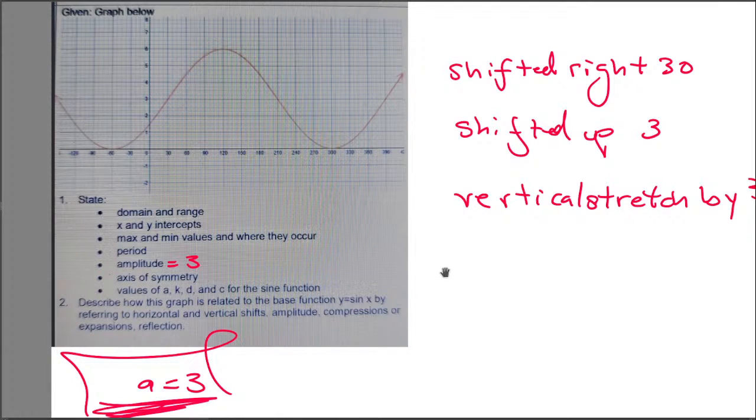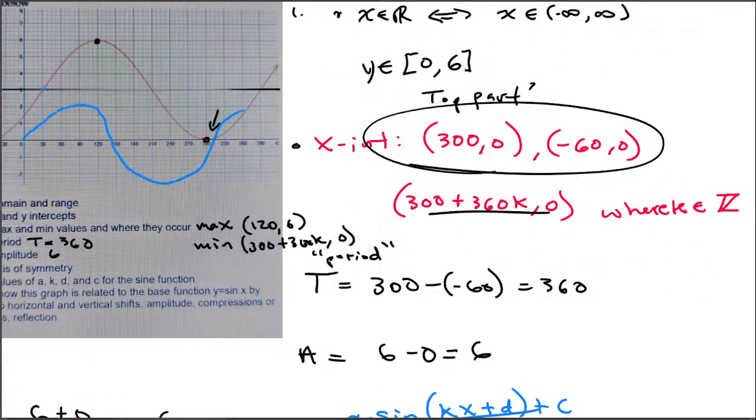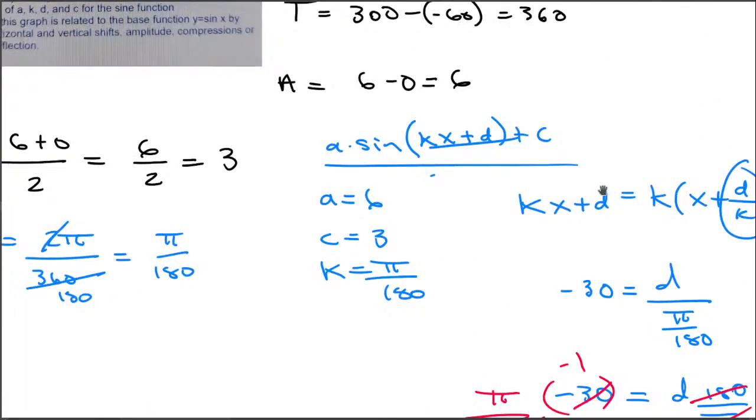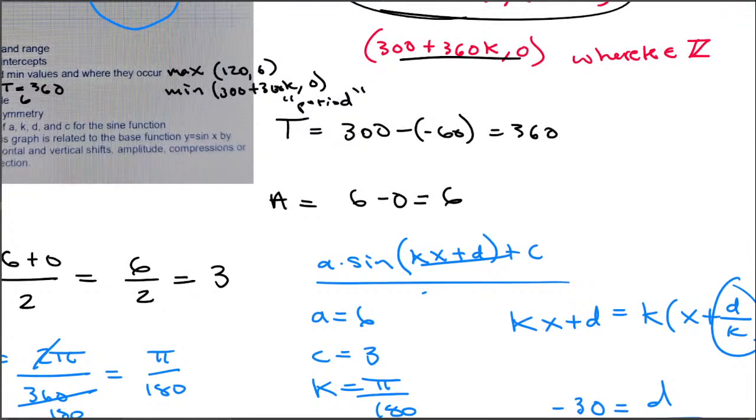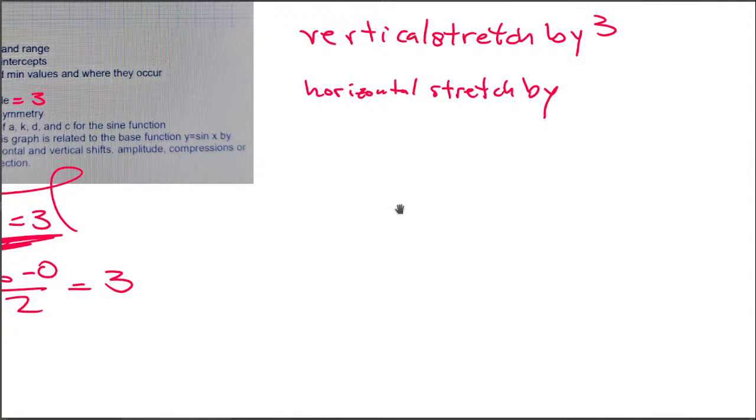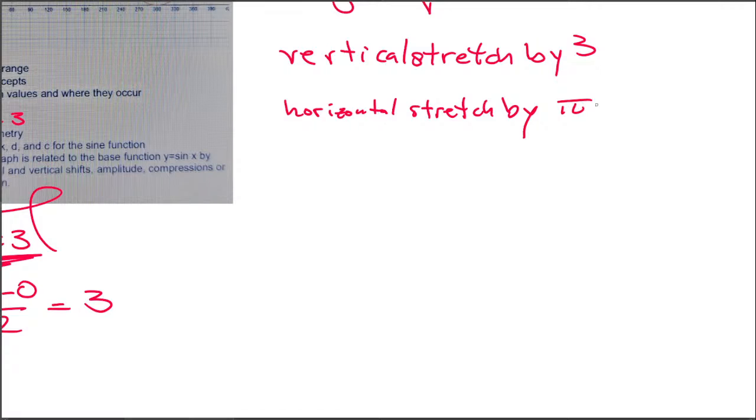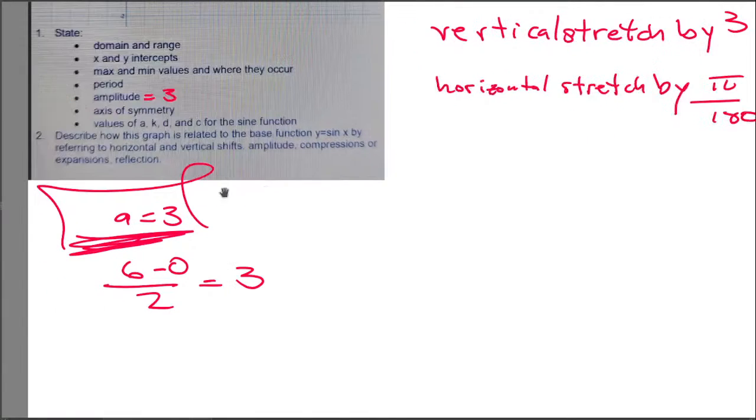So this is like a horizontal stretch by, what did I say? Pi over 180. That's where that K comes from. And so that's everything for 2.